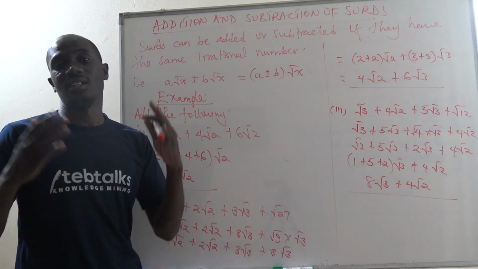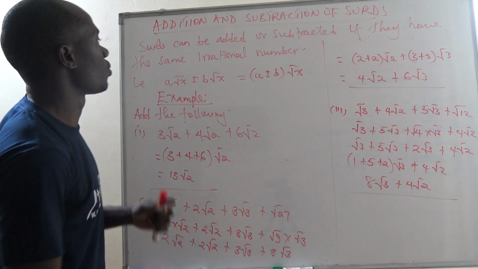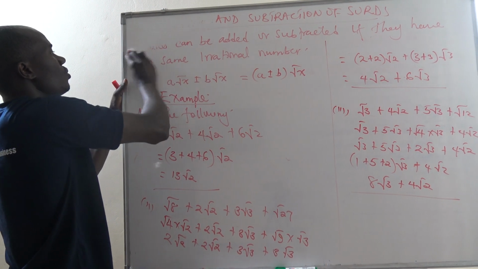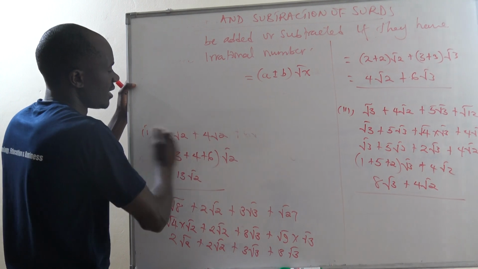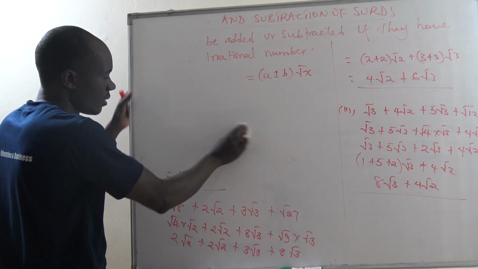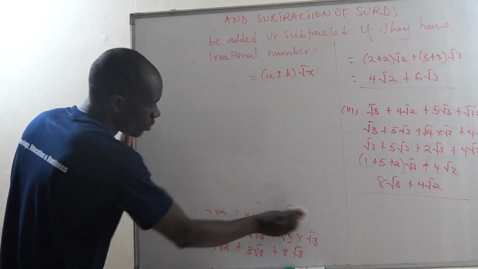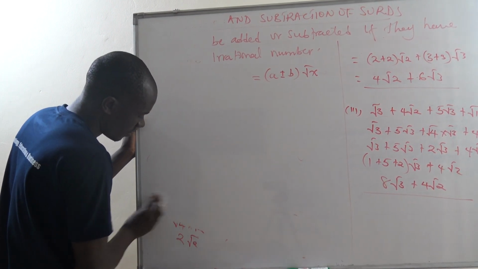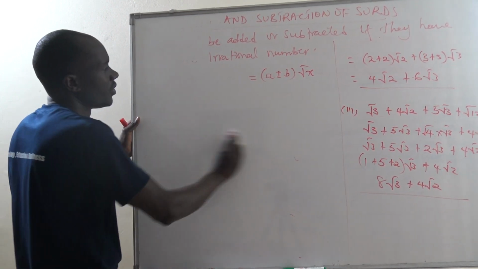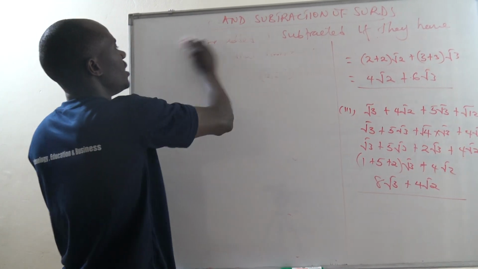So if we try to look at the subtraction side, we can also go ahead and do some examples related to that. Equally, the way I have done, even if it is about subtraction, you do the same. You subtract the corresponding irrational numbers.